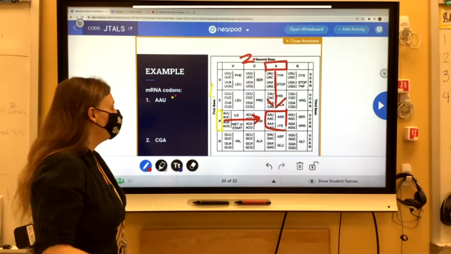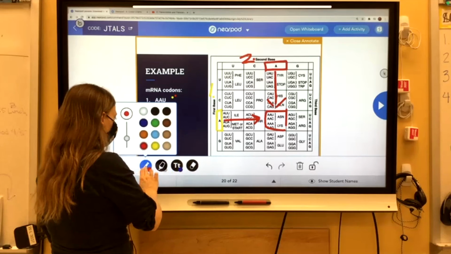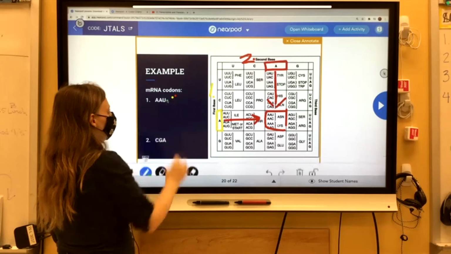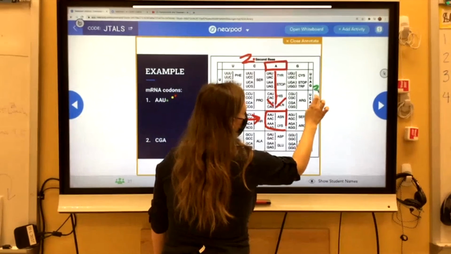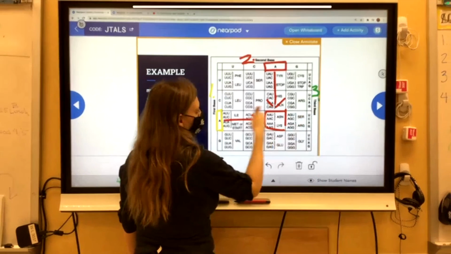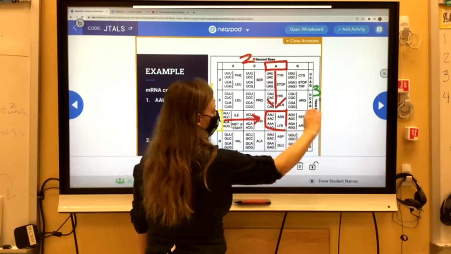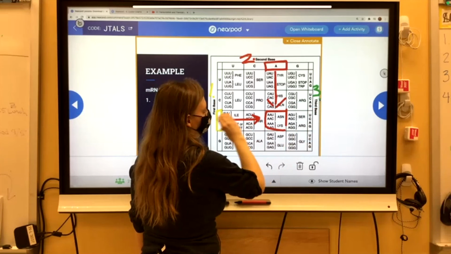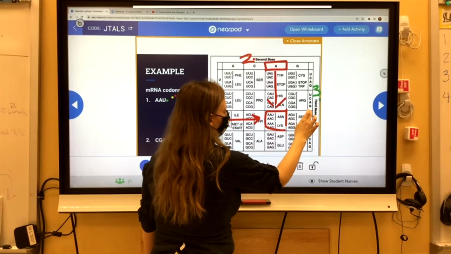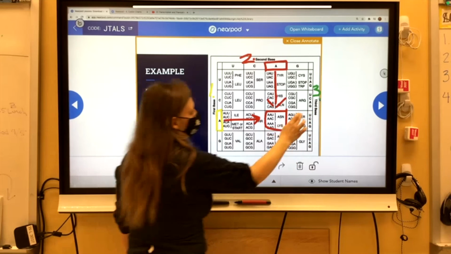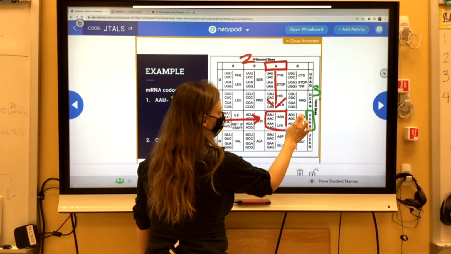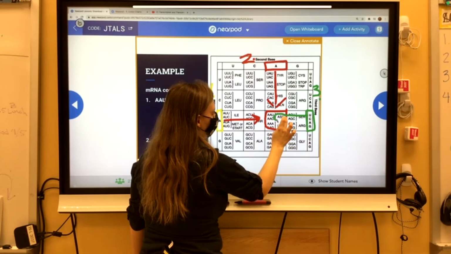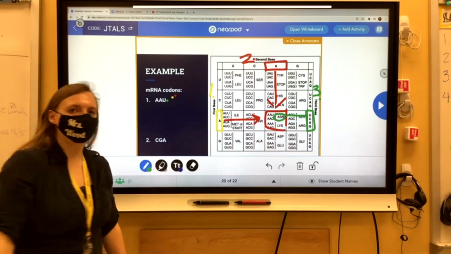So that leads me to my last letter, which is U. Remember, I found my third base. I'm only interested in this row because I know that my answer is here. So I need to find the U in that row box. And there it is. So the correct answer is ASN.